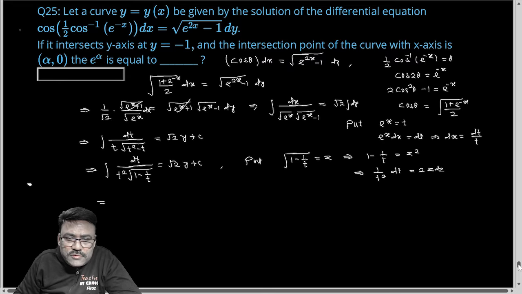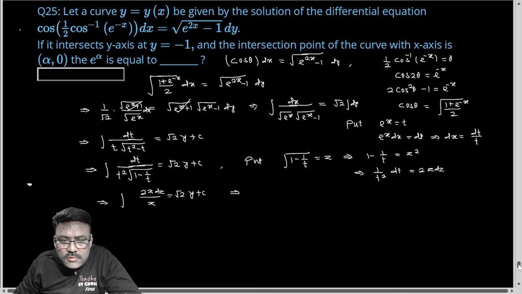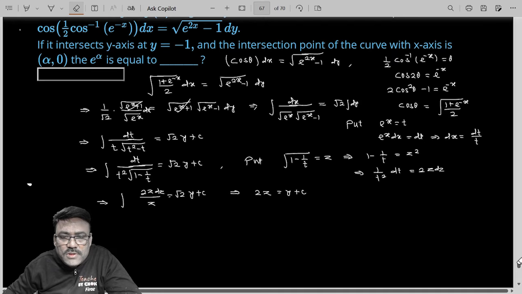So now this becomes 2z dz in the numerator, and in the denominator under root 1 minus 1 by t is z. Z disappears, so ultimately you are getting 2 times dz, which is 2 times z, equals root 2 y plus c.